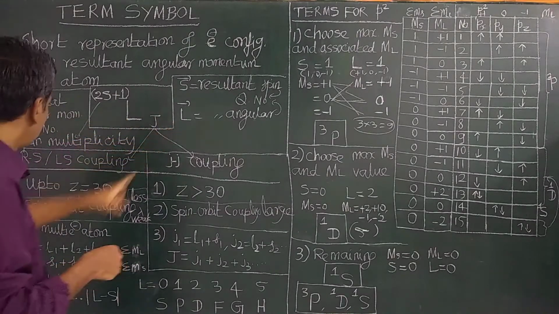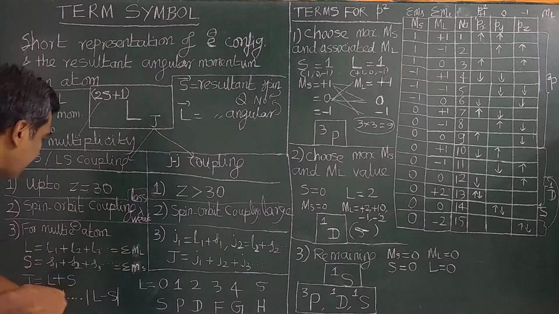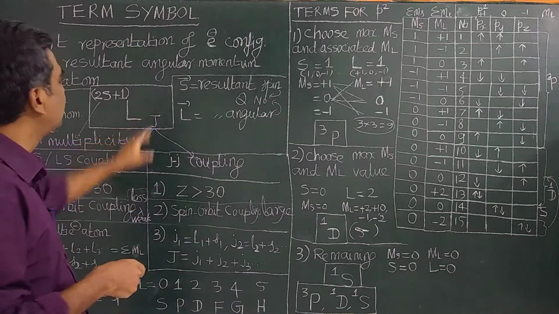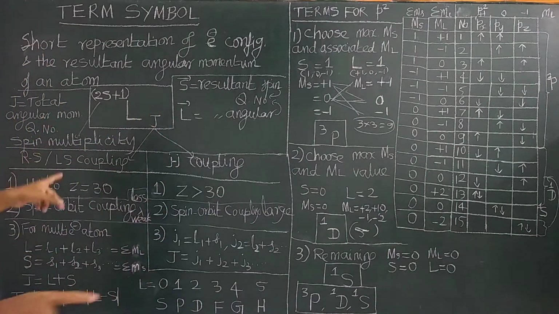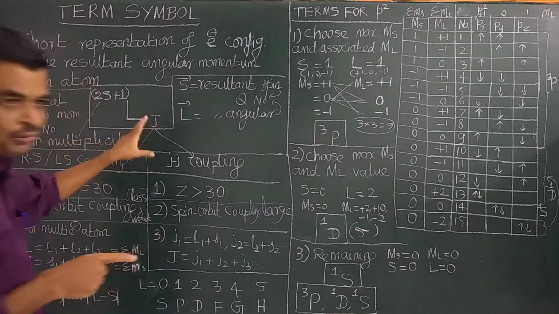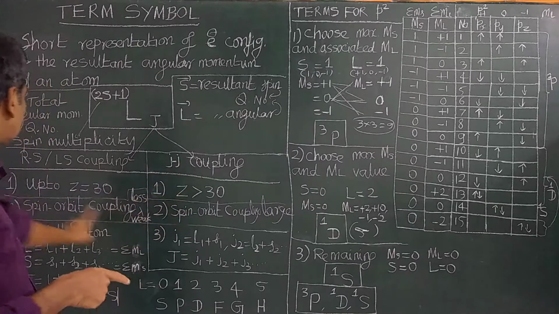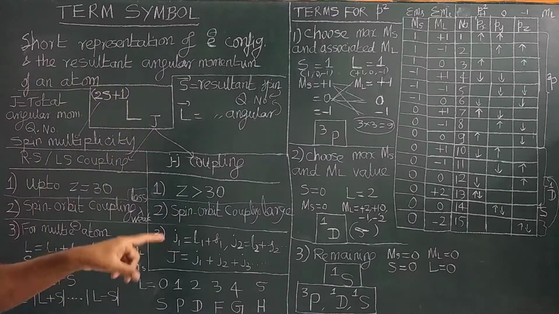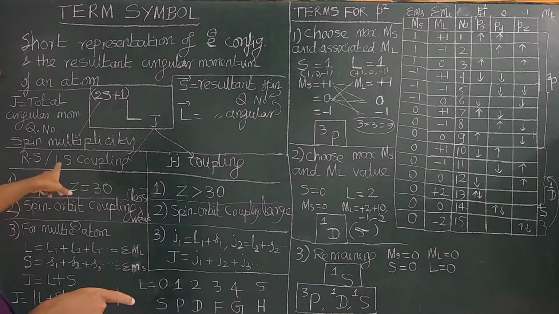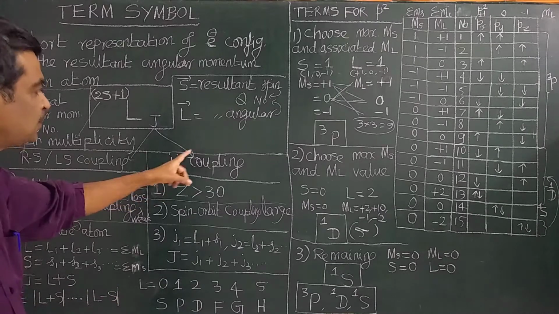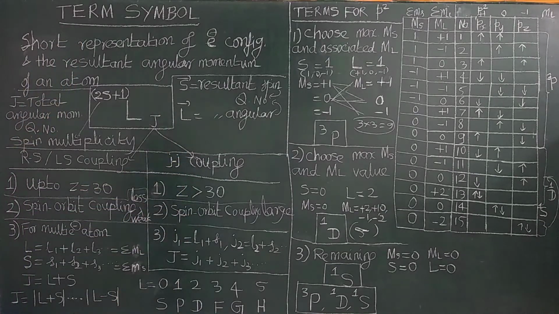The value of J, which is very important, can be determined by two methods. One is called RS coupling, Russell Saunders coupling, or LS coupling. The other is JJ coupling.